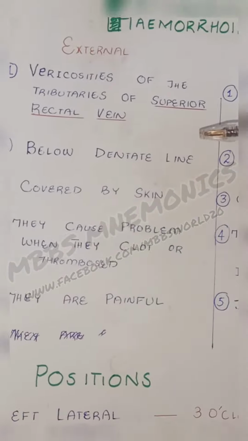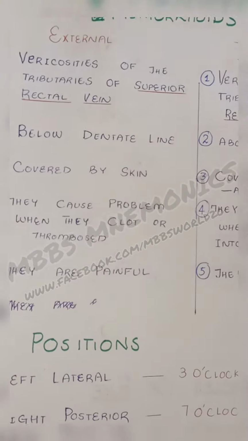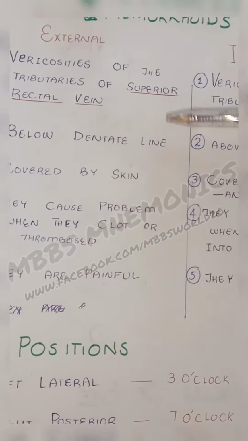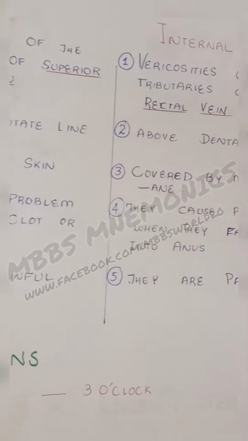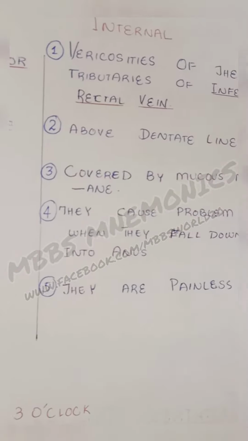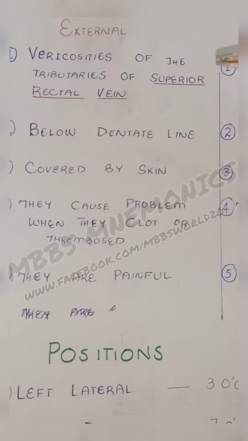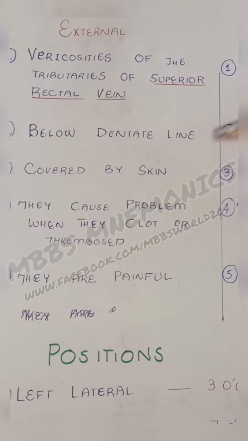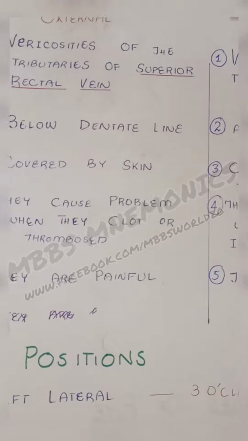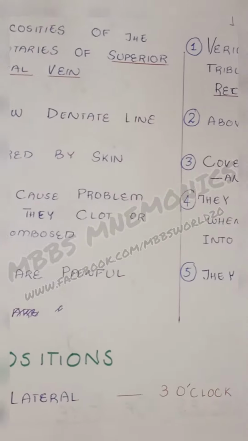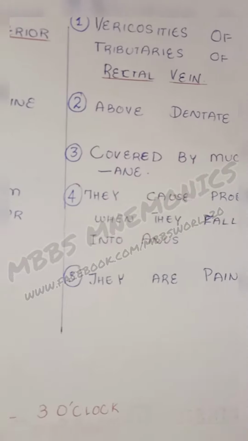External hemorrhoids usually occur below the dentate line. Internal hemorrhoids occur above the dentate line. External hemorrhoids are covered by the skin as they lie outside, and internal hemorrhoids are covered by the mucous membrane.